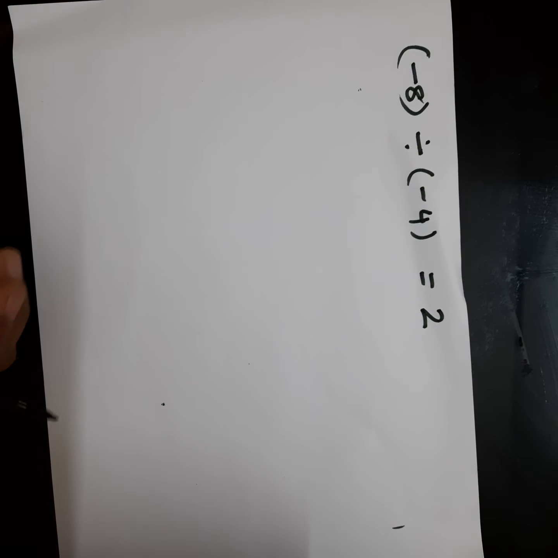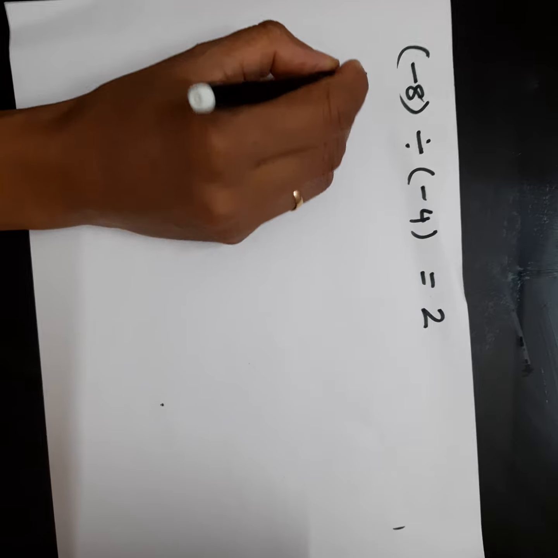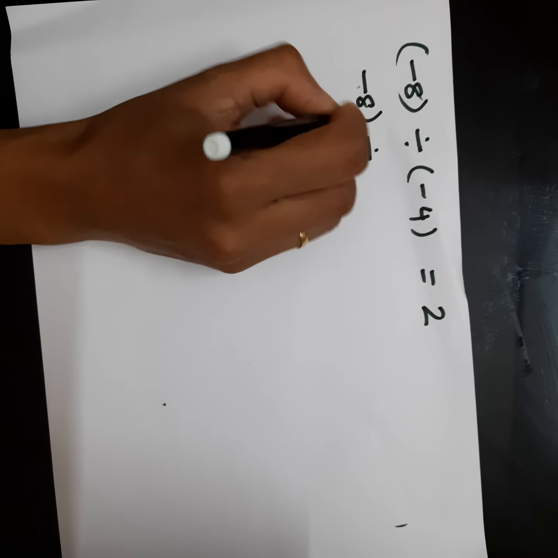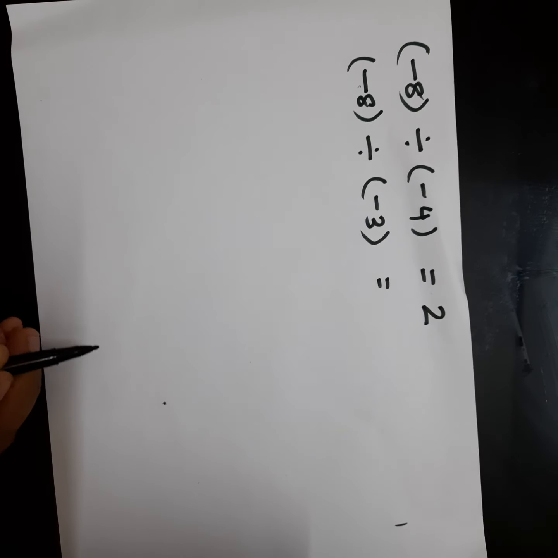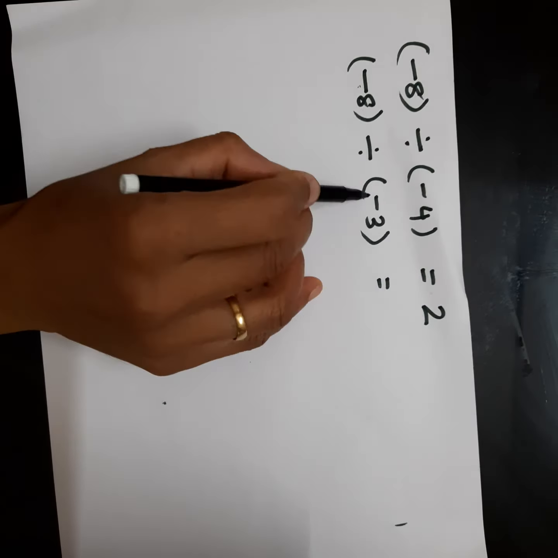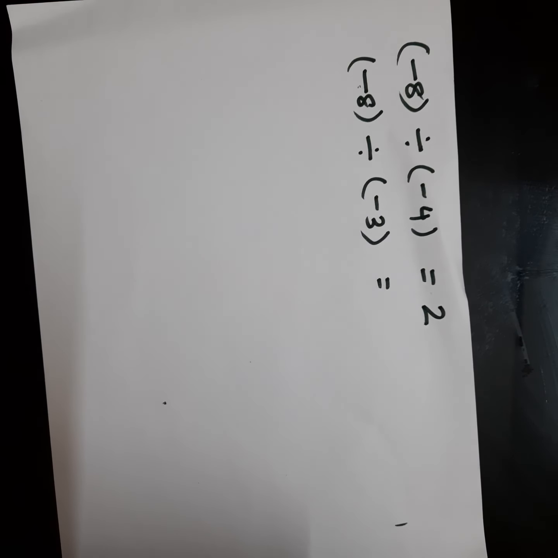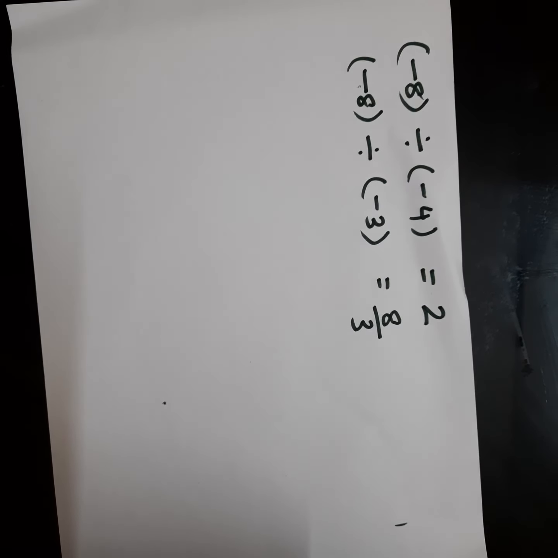Now, if I write minus 8 divided by minus 3, both are negative, answer is positive. Now what is the answer? 8 divided by 3. Can you divide 8 with 3 exactly? No, we will write it like this, 8 by 3. Is 8 by 3 an integer?